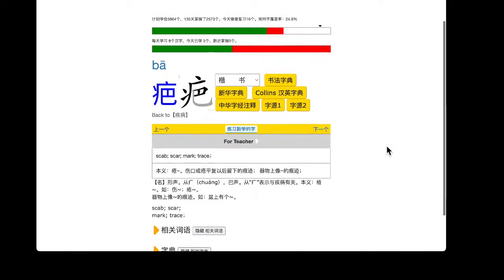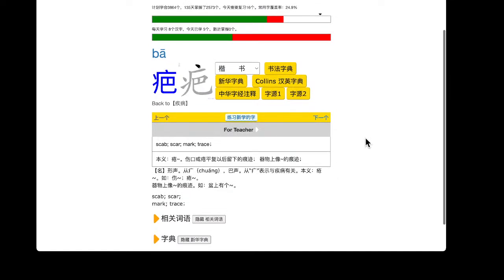Just as a scab is going to be dry and crusty. And I was kind of wondering why this one has an illness radical over it when it's about healing, but I suppose you wouldn't have anything to heal from if you weren't first injured.